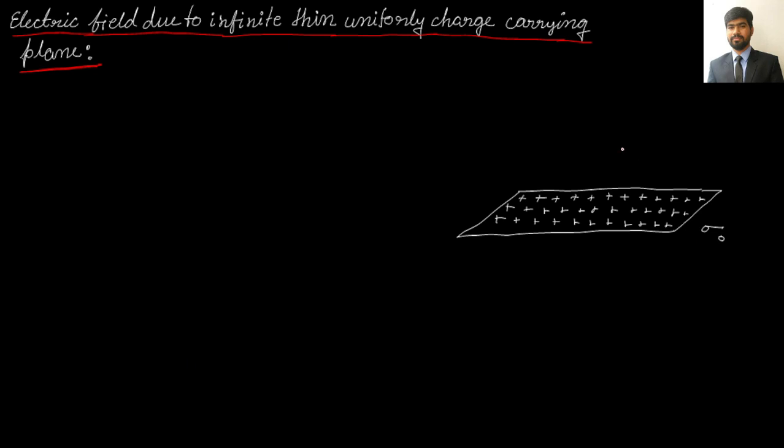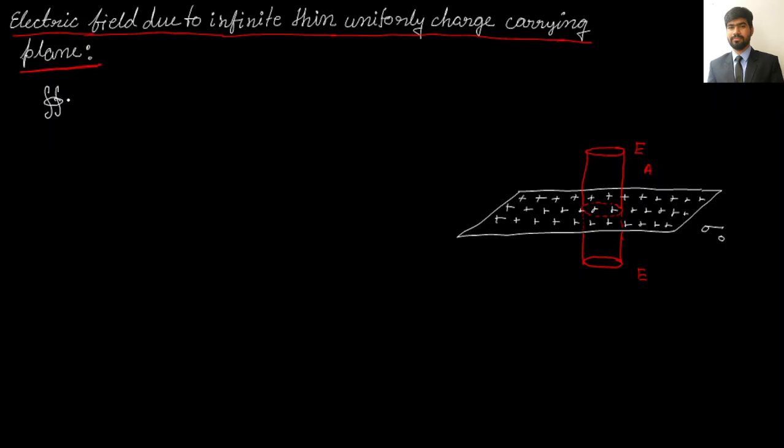So let me just draw a Gaussian surface like this. And then if we consider that the electric field on the top surface and bottom surface is E, and the cross section of the Gaussian surface is A, then according to Gauss law, what can we write?